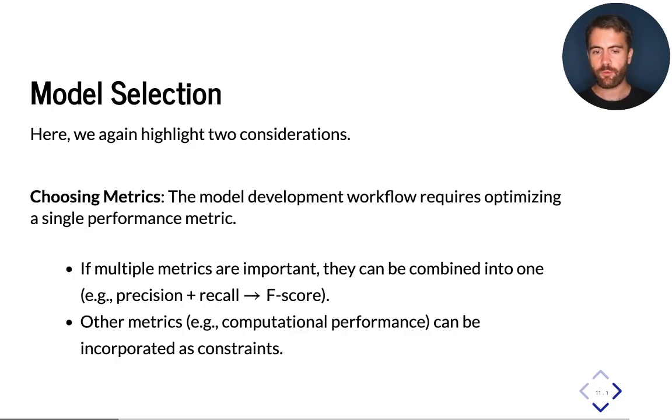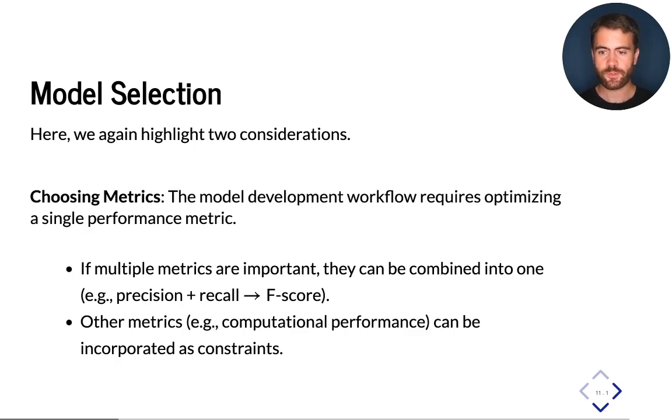For example, if we're in a sensitive medical application and we have a strict threshold on the number of false positives or false negatives, then this can also be baked in as part of our metric. If we're, for example, doing an information retrieval system, then maybe precision and recall are useful metrics.